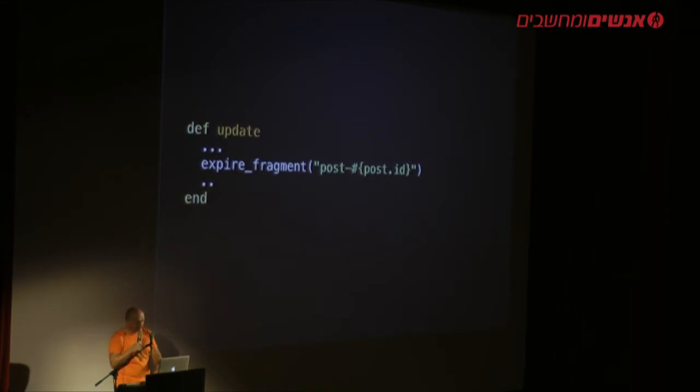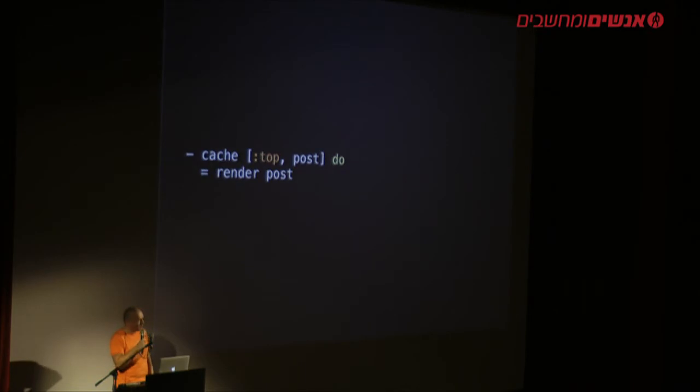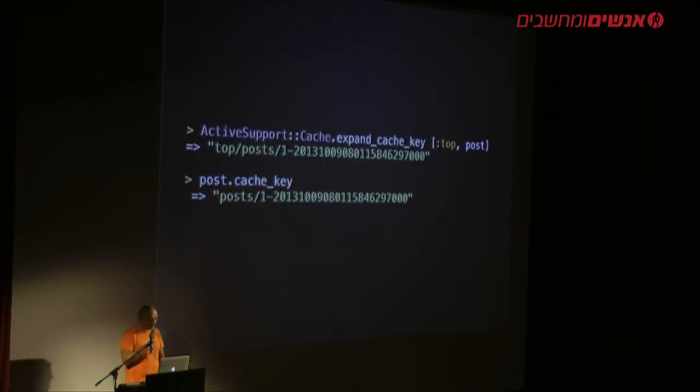Instead, Rails provides a smarter way of using smart cache keys. For example, like this. What happens here? We can see which actual key is used by calling the ActiveSupport::Cache.expand_cache_key function. Whatever we pass to it, we get a string that Rails will use as a cache key.